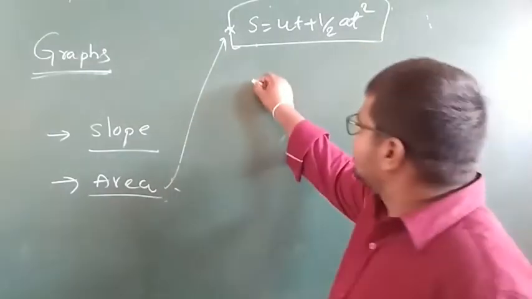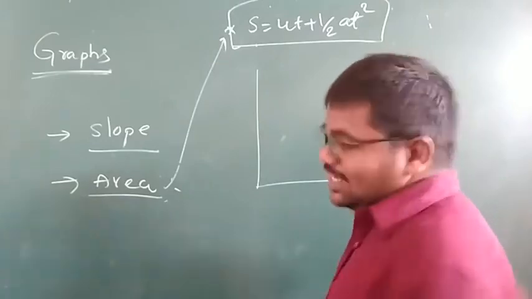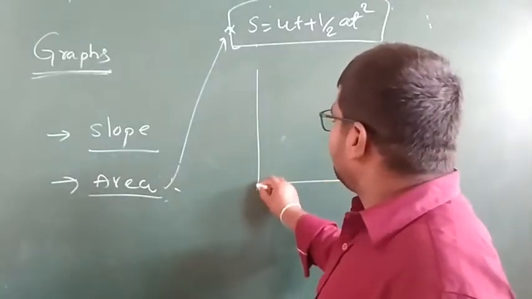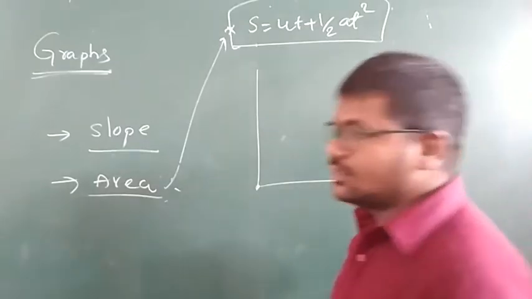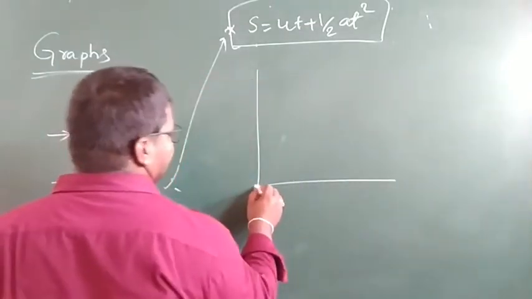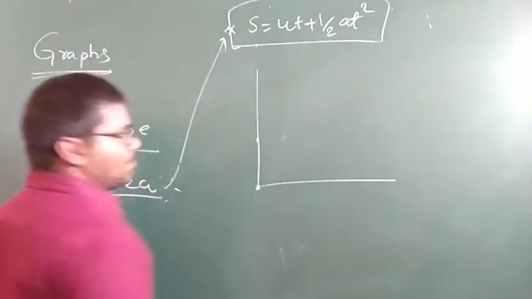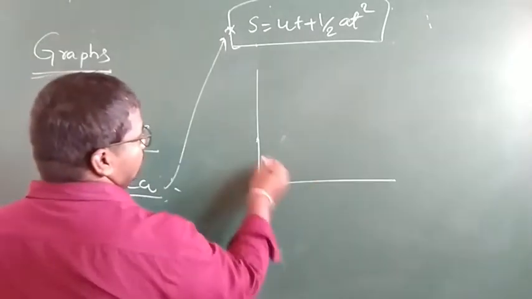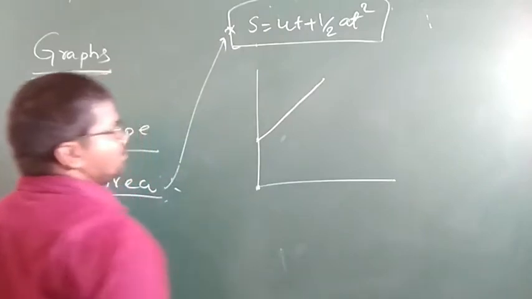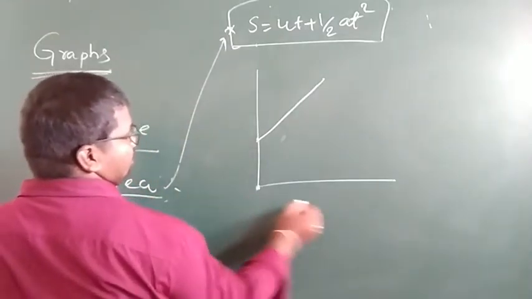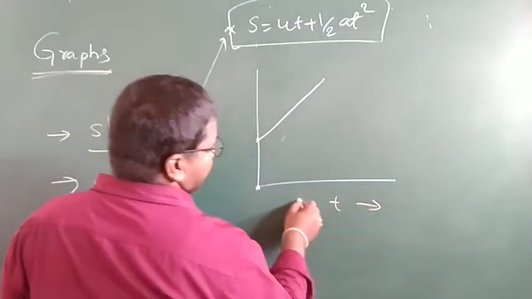Okay, so consider a particle which moves with uniform velocity at a particular distance, and it has final velocity v. So this is the graph.